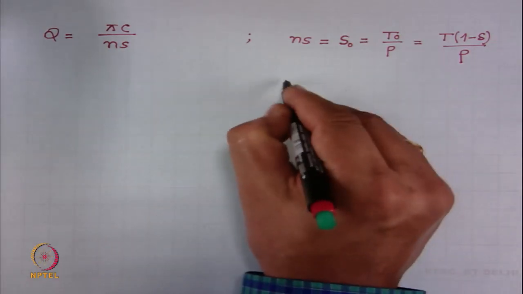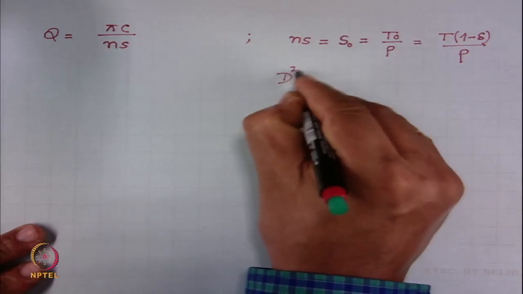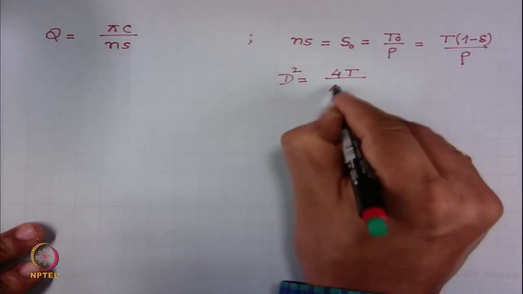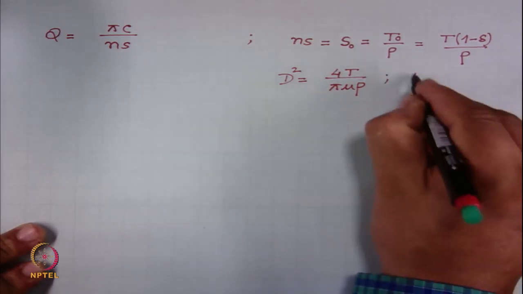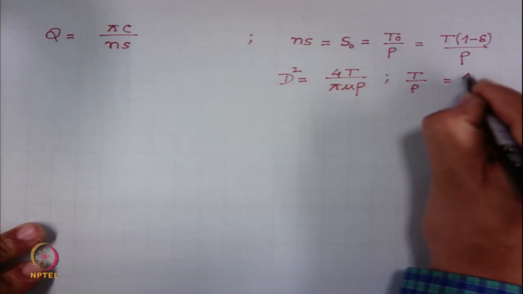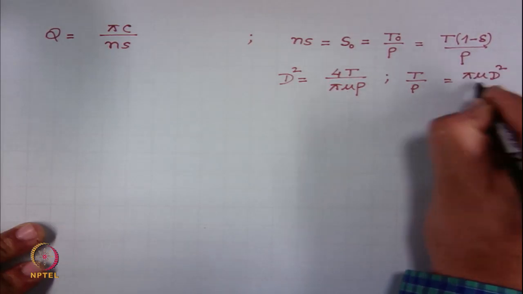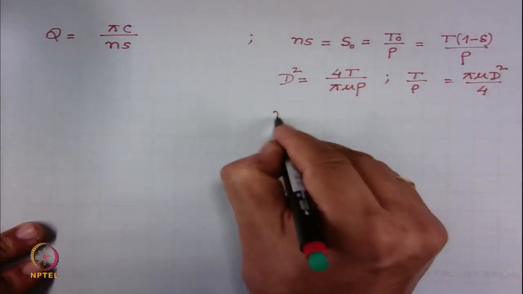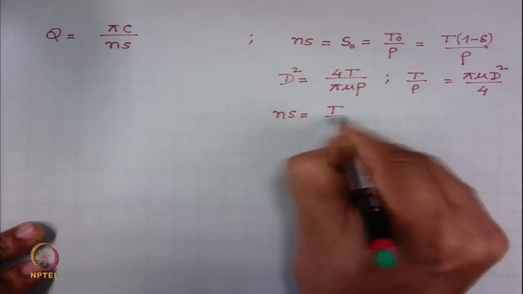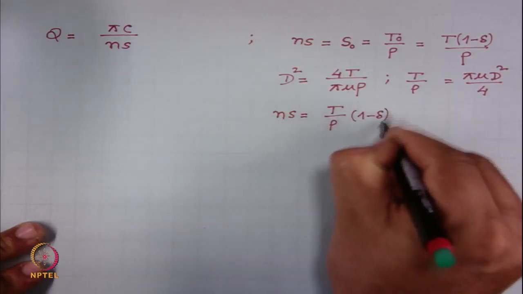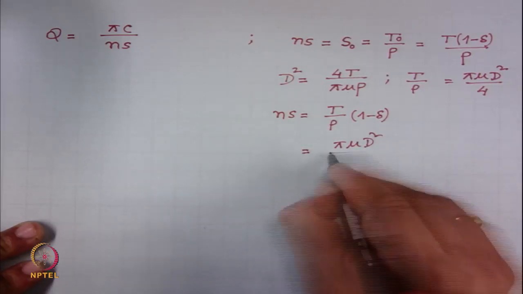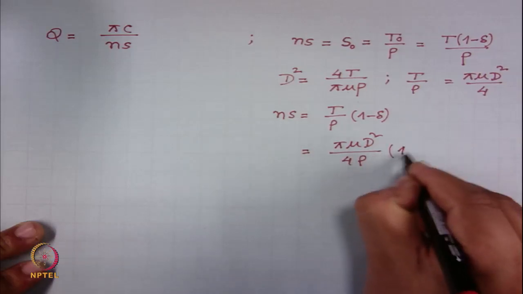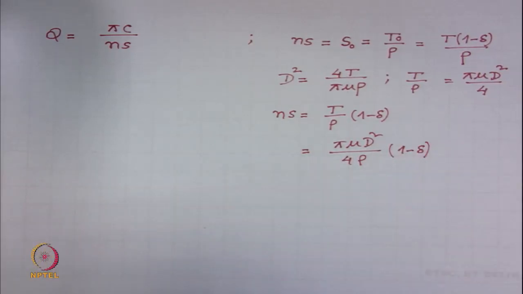Now, we know yarn diameter square takes this form. So, T by rho is equal to pi mu capital D square by 4. If we substitute this here, then pi mu D square by 4 into rho 1 minus retraction, right.